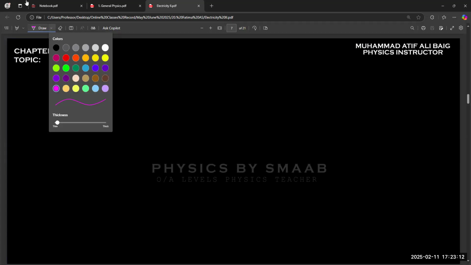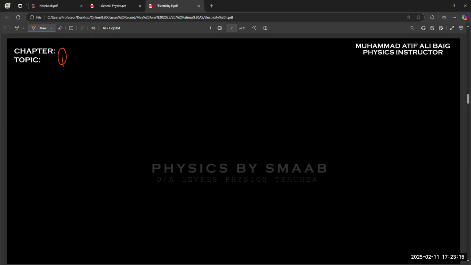Okay, next category is about quarks. In the category of the quarks, basically, these are the elements that are made up of six different categories, or we used to write six different flavors of the quarks. So let's see what are their categories and how they are going to make up proton and neutron.